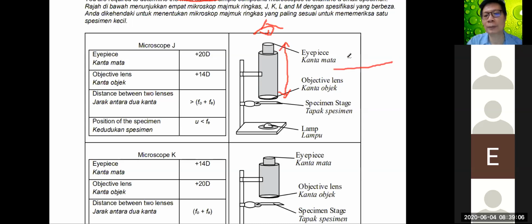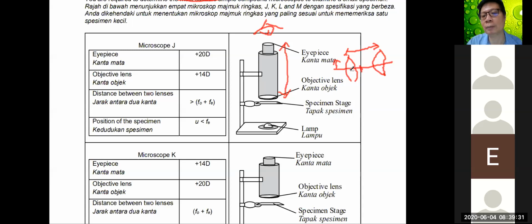So the objective lens is here, the eyepiece is here, right? The distance between these two lenses. You put the object here, by the objective lens, then the eyepiece. Now, just now I said the focal length is short, so the F is here.